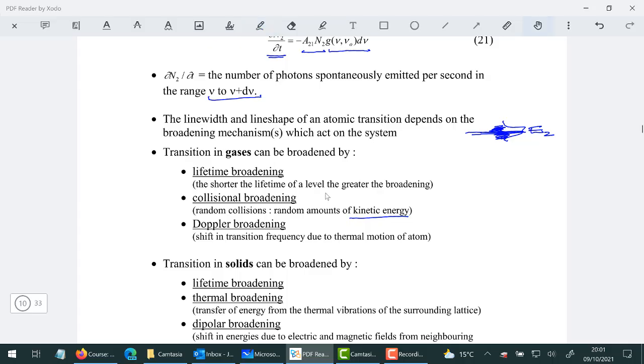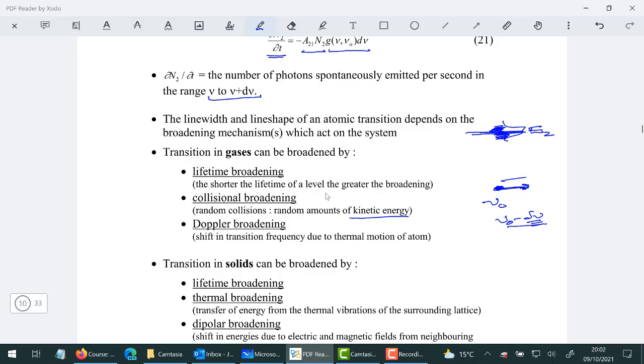So they get random amounts of kinetic energy, either added or subtracted. And we've already seen Doppler broadening. If the atom is moving away from you, then instead of being at some central frequency nu naught, it will be at a frequency of nu naught minus delta nu, a shift in frequency. Some atoms will be moving at that speed to give you that result.